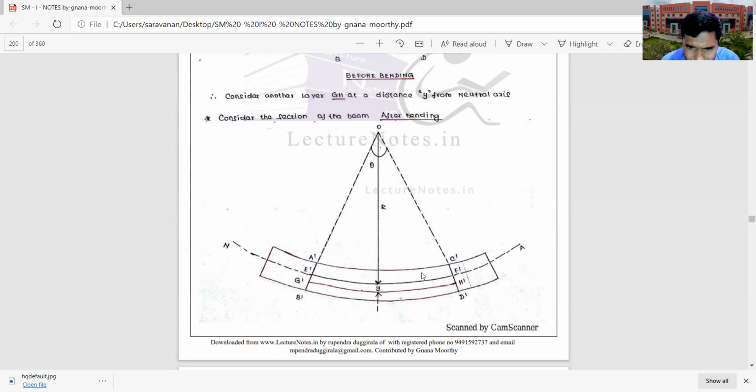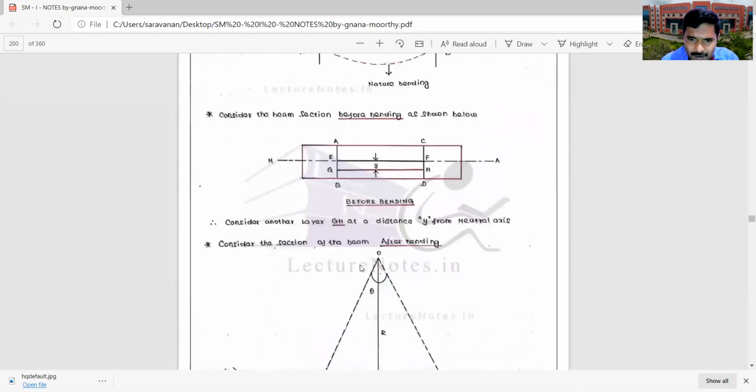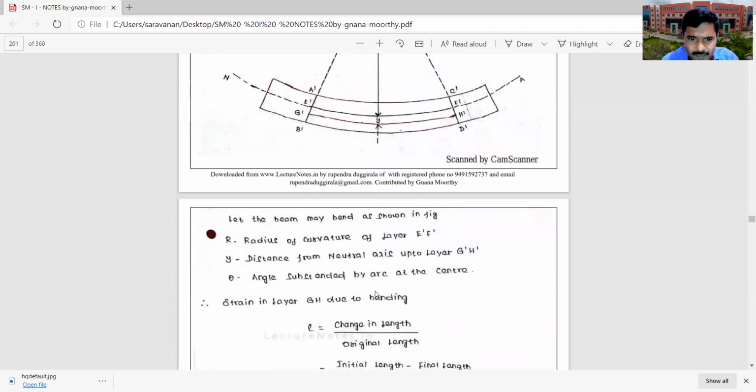And theta is the angle subtended by the arc at the center.